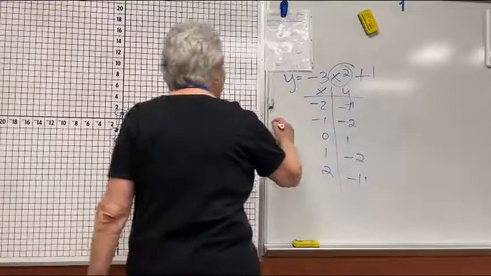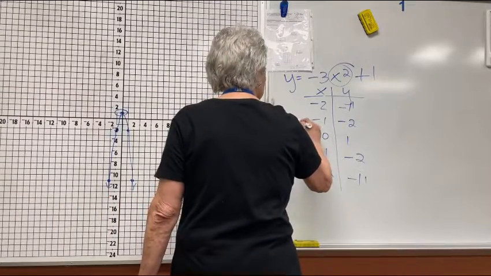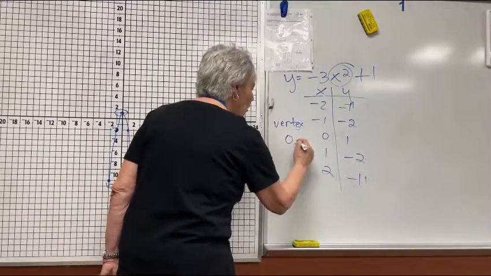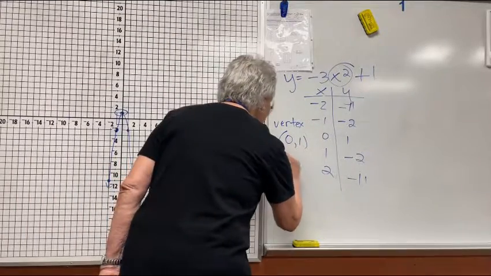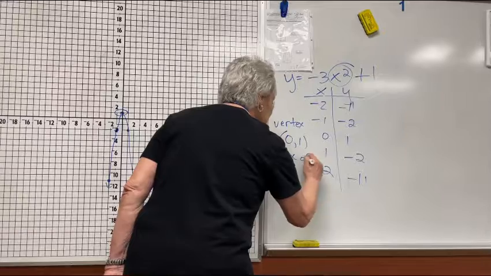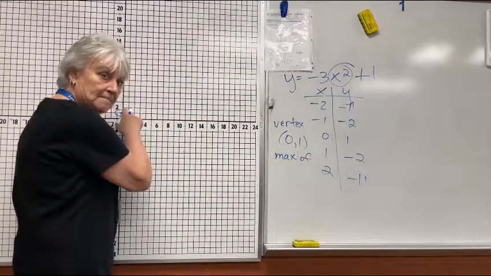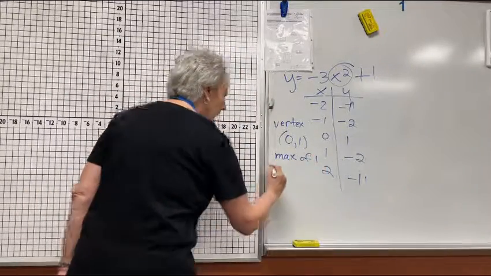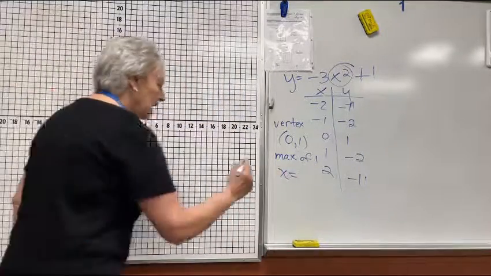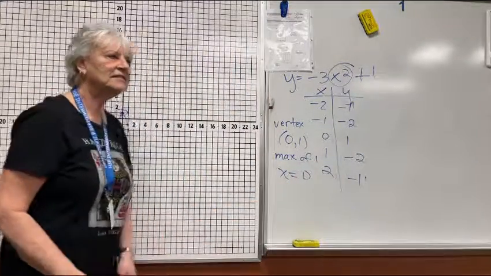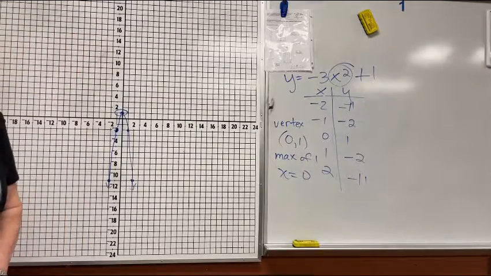So your vertex is 0, 1. Your maximum value is 1. And your axis of symmetry is x equals 0. What do you think? Not so hard?